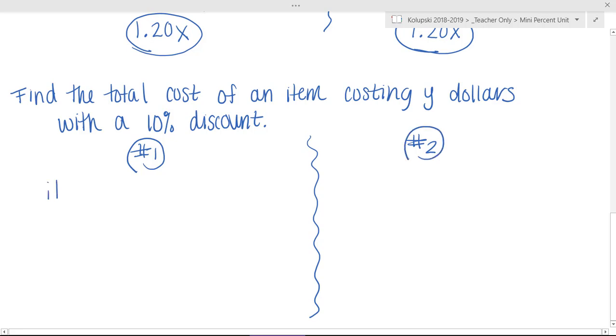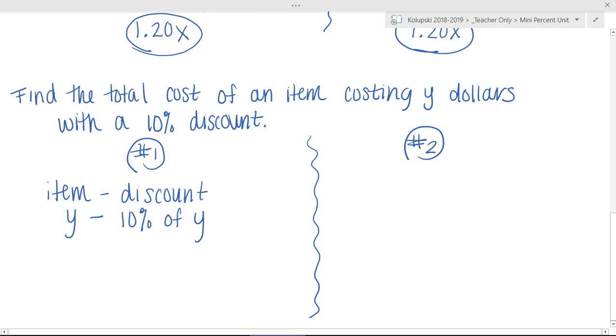So this time, instead of adding, I'm subtracting the discount because my value is going to be smaller. So the item is y, and I'm going to subtract the discount, which is 10%, but it's 10% of the cost. If you make it 10% without the y, you're actually saying that it's just going to be 10 cents.